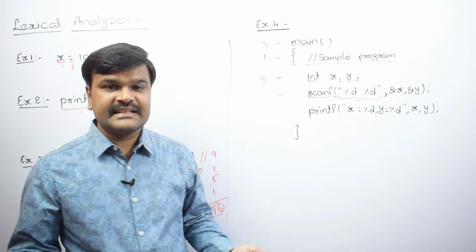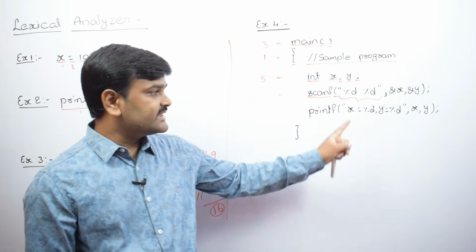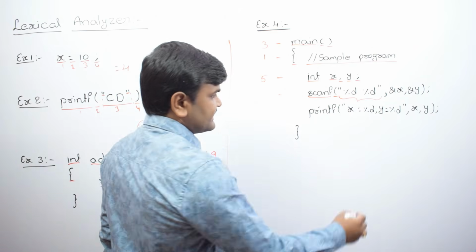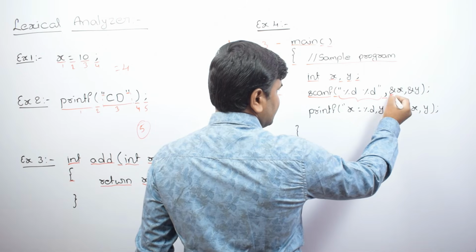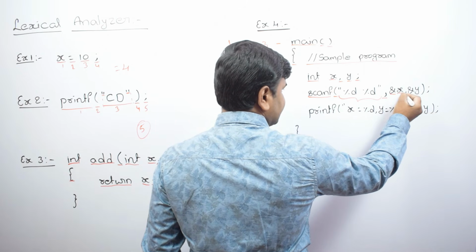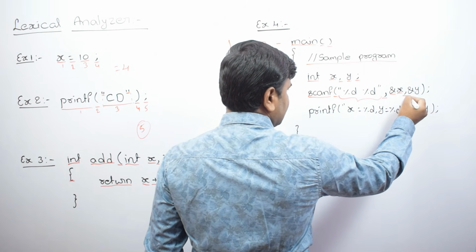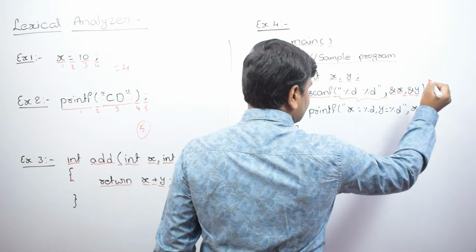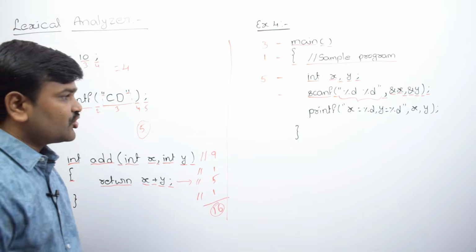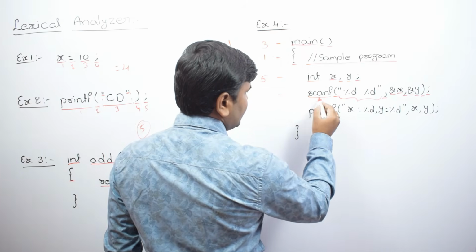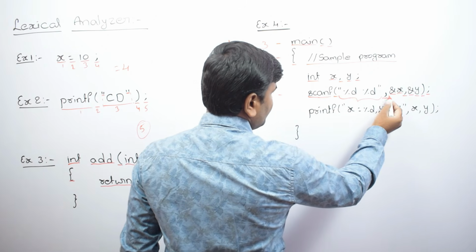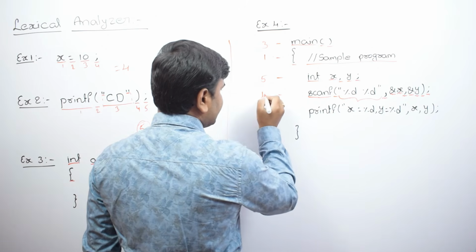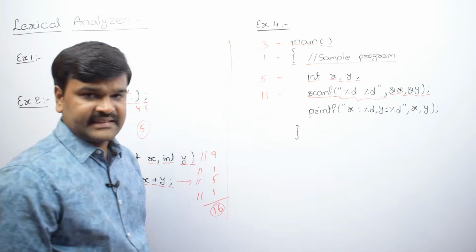Here you are passing a string constant, that is it, so this whole thing becomes one token. Next, this is one token and this is one token, and x is one token, again comma, ampersand, y, close brace and semicolon. So, total how many tokens are there? 1, 2, 3, 4, 5, 6, 7, 8, 9, 10, 11. In this line, a total of 11 tokens are there.